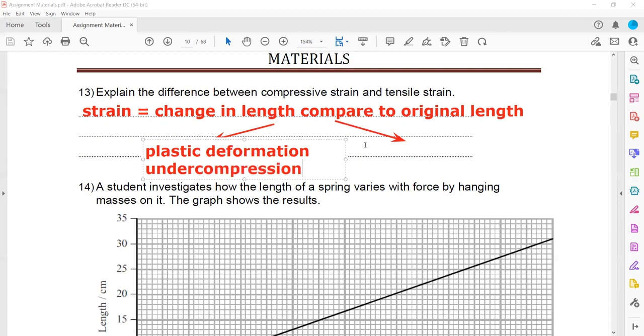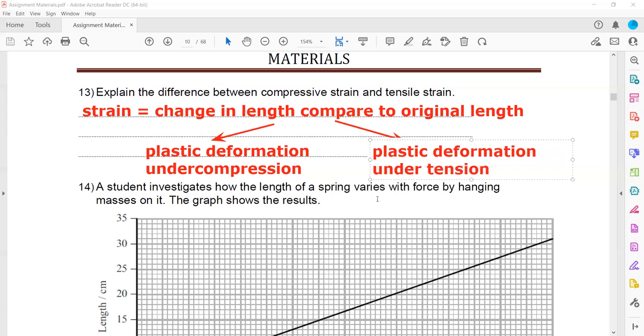But if an object undergoes a large plastic deformation under tension or tensile force or tensile stress, we call that a tensile strain. So force is applied to reduce the size.